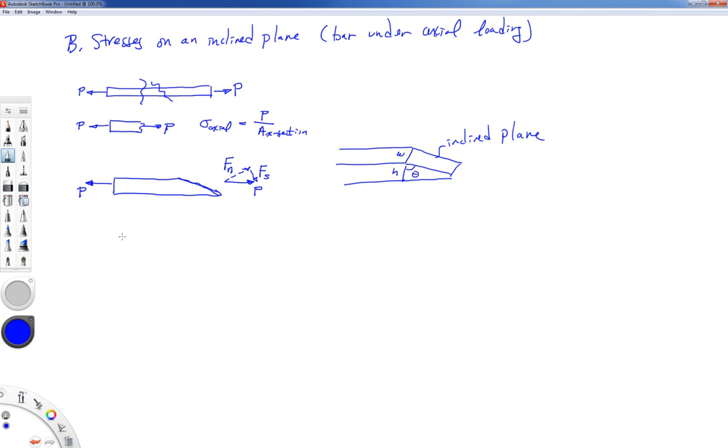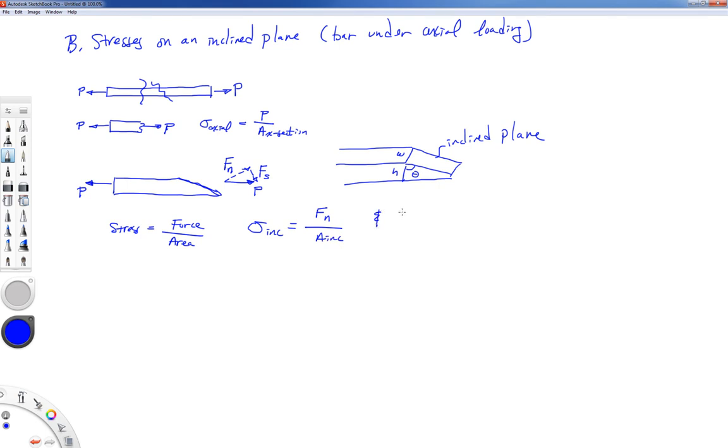If we want to find the stresses on the inclined plane, it's pretty easy. Since stress is force divided by area, the normal stress, or sigma, on the inclined plane is going to be the normal force divided by the area of the inclined plane.